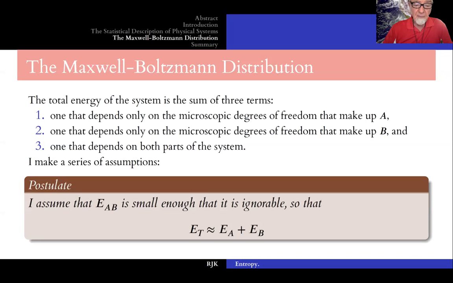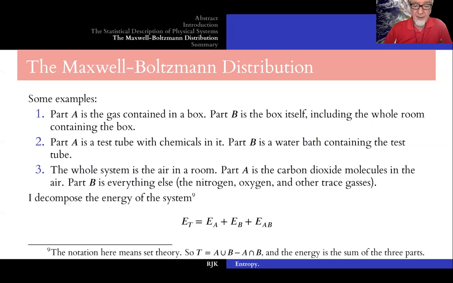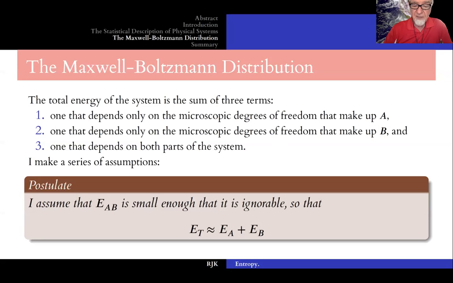For the macroscopic value of energy, I'm going to assume that the interaction portion, energy of EAB, is small enough that we can make it ignorable. So we had our energy as 3 parts, and we're going to say that it's approximately 2 portions, just the sum of EA plus EB.